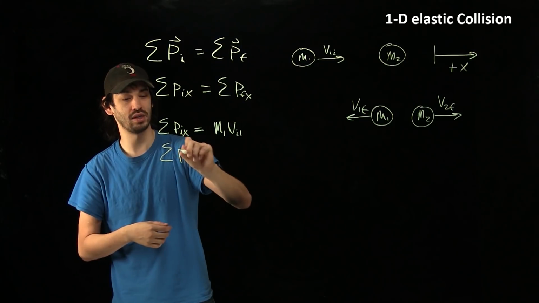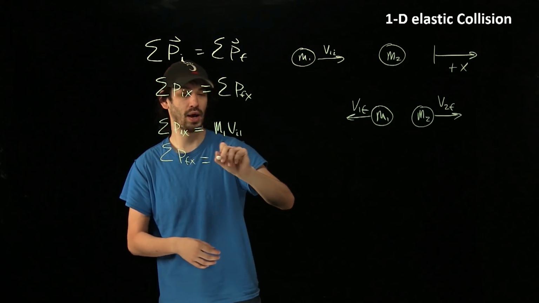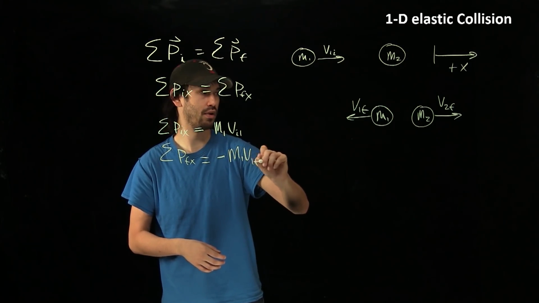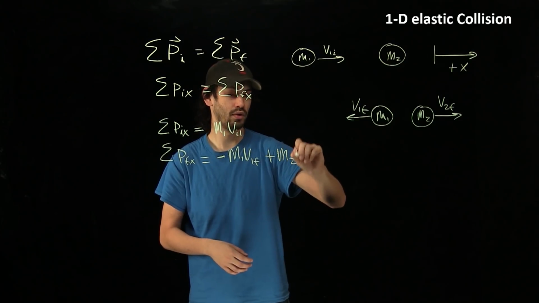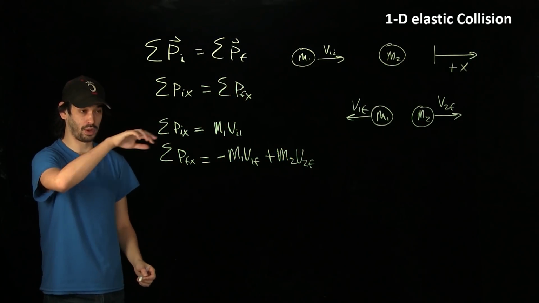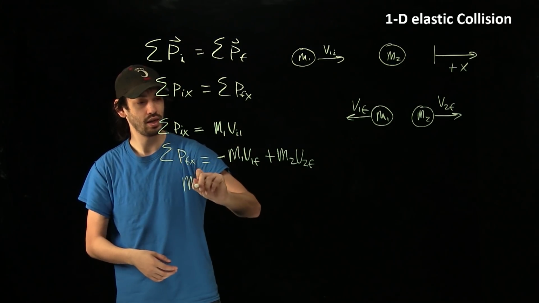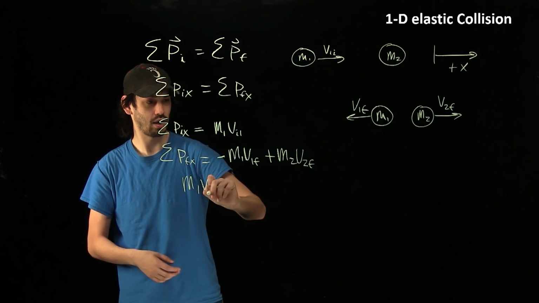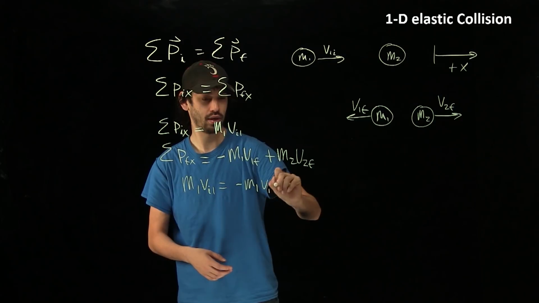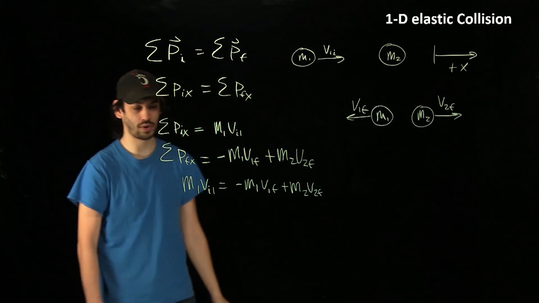So the sum of the momentum in the final state is going to be minus m1 v1f plus m2 v2f. Now, to put this all together to form an equation, we just equate the top line to the bottom line, and so then we can say that m1 v1i is equal to minus m1 v1f plus m2 v2f. Okay?